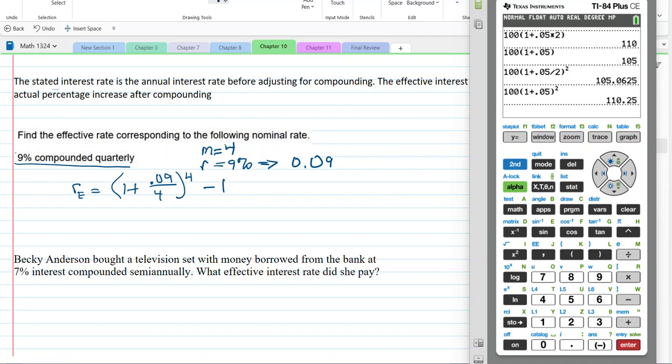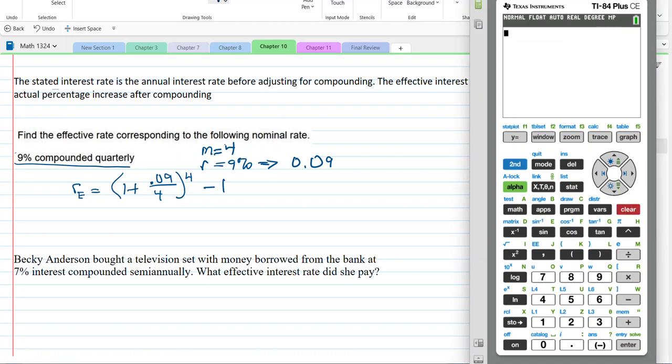This is strictly calculator, and I'm going to go 1 plus 0.09 divided by 4, close parentheses, up caret 4, and enter. Oh, and minus 1. Sorry about that.